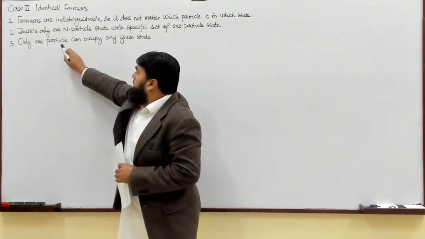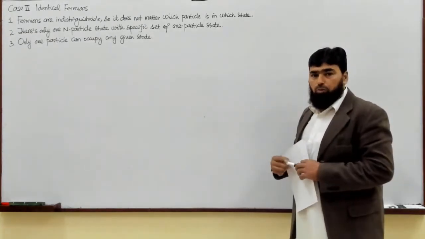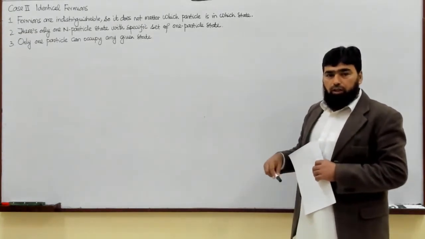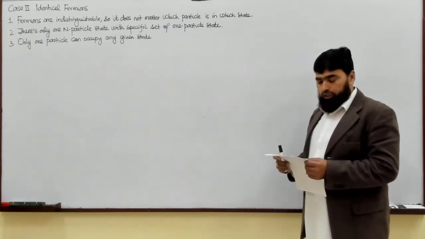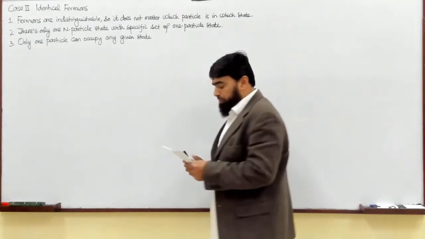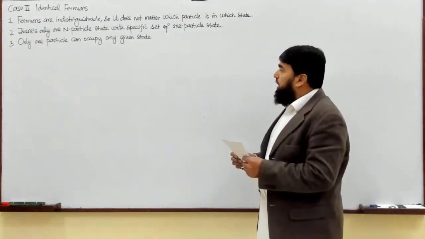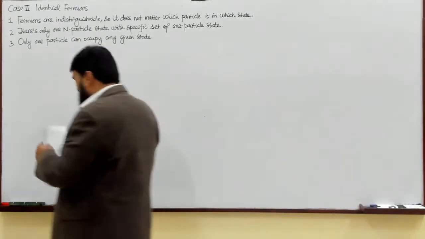And only 1 particle can occupy any given state. We know the Pauli exclusion principle, that 2 fermions cannot be in the same state. So we will now pick our n1 particles out of the d1 choices. So let's start that.